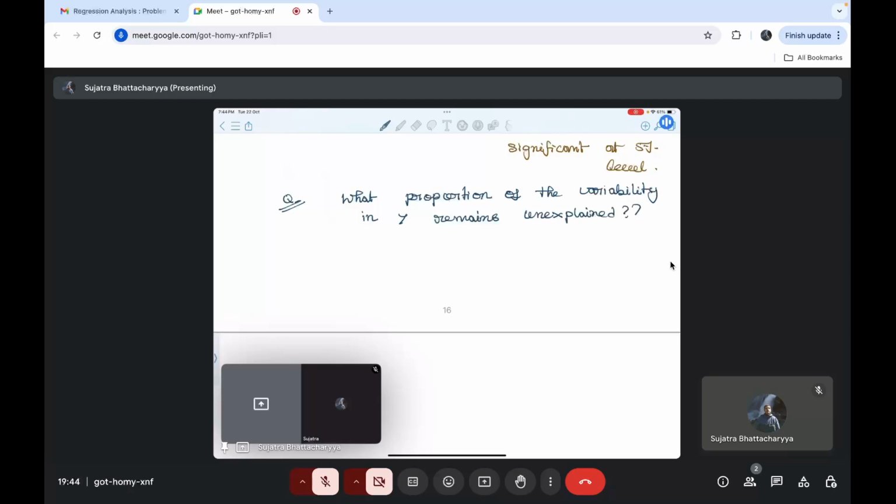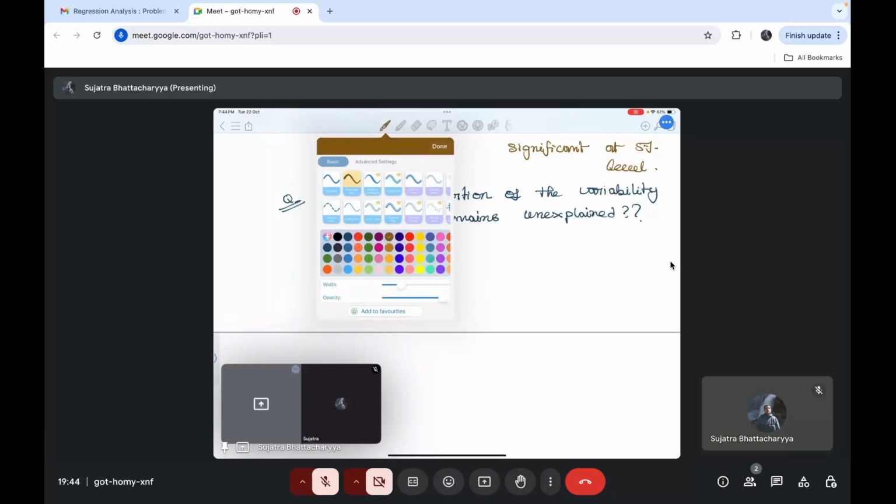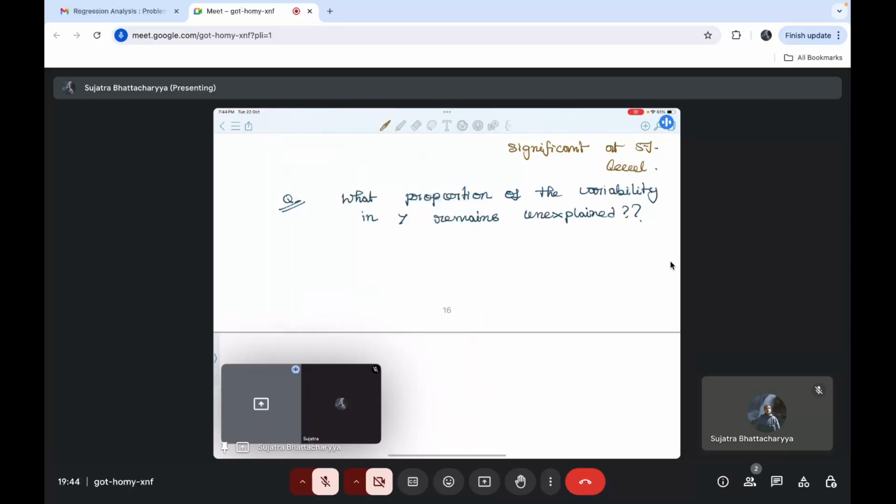Okay, this is the question which is being asked. So what to do? Proportion of variability in Y can be only answered through coefficient of multiple determination.